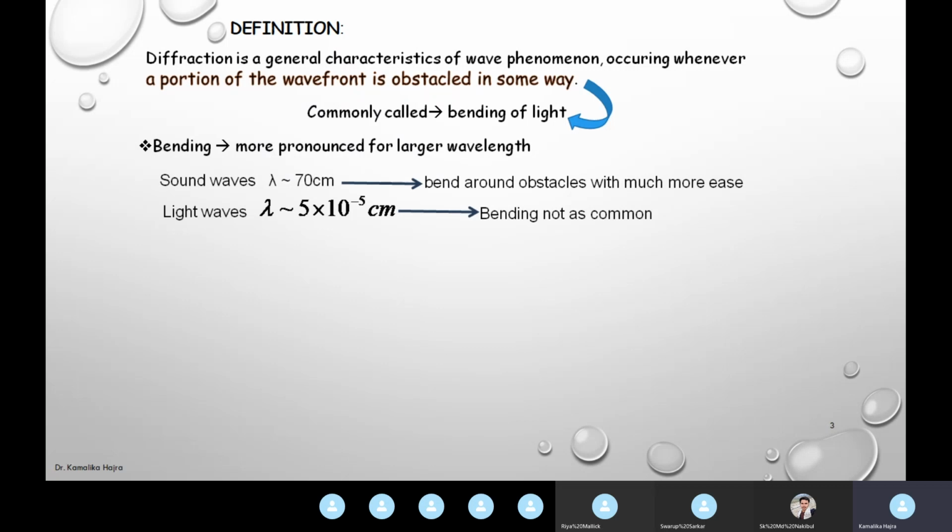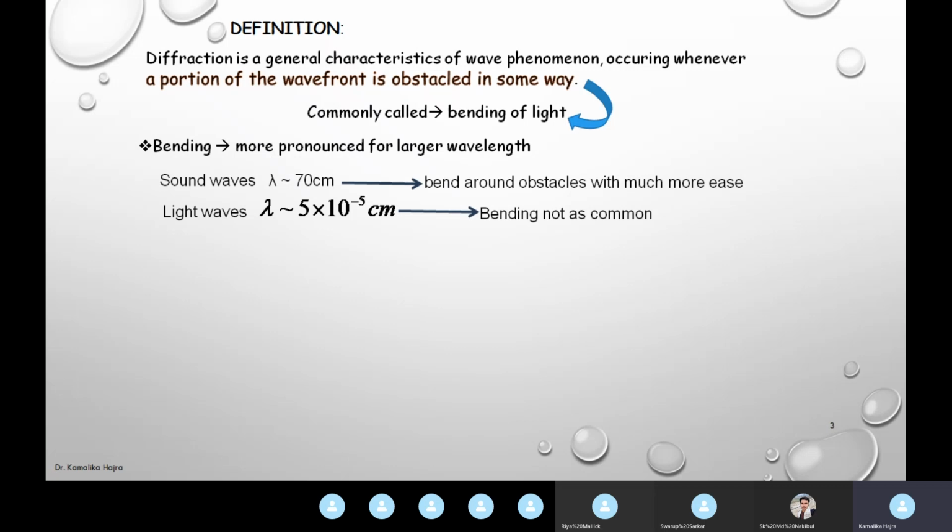Whereas you cannot possibly see light coming from a source which is far away, where in between you and the source of light there are several obstacles, because light has a much smaller wavelength and it cannot bend around these macroscopic obstacles.